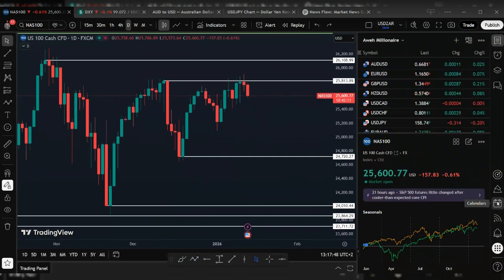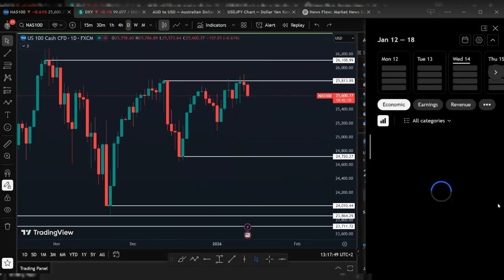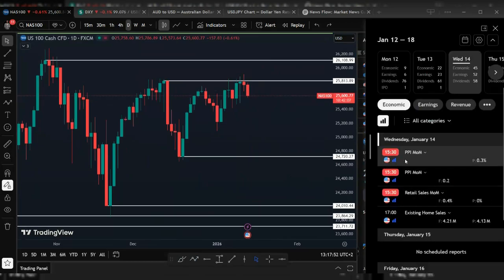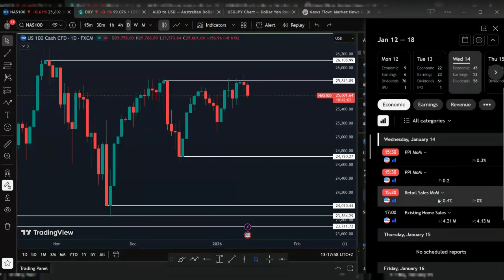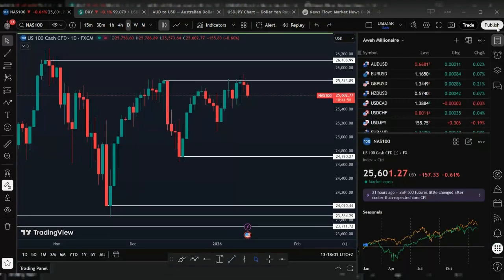We've got our PPI figures as well as our retail sales figures coming out today, meaning that this would have a significant effect on our US indices, which include the NASDAQ as well.